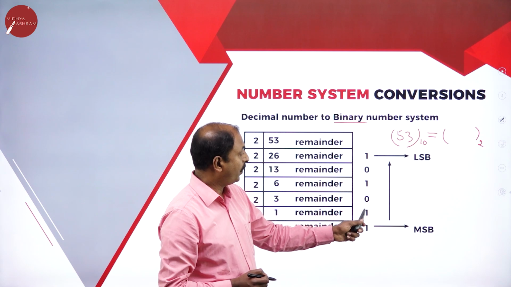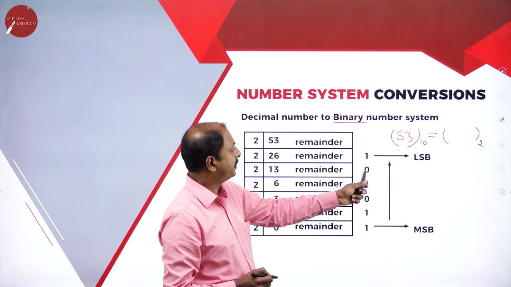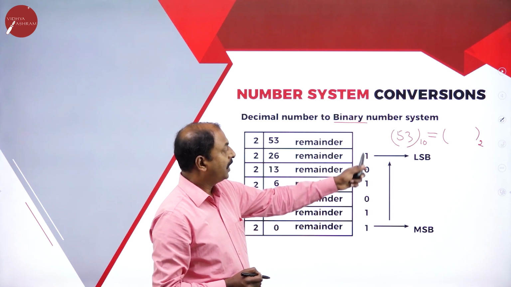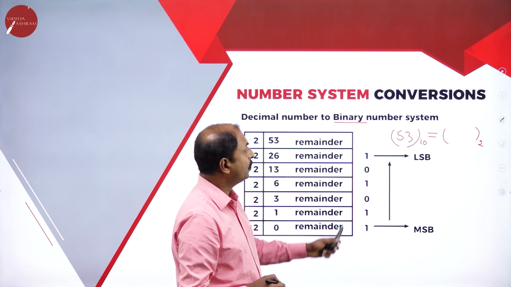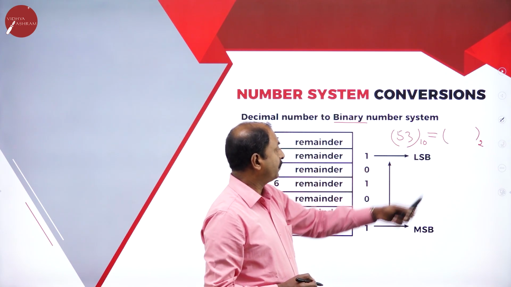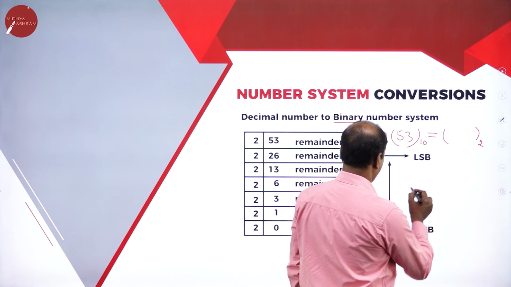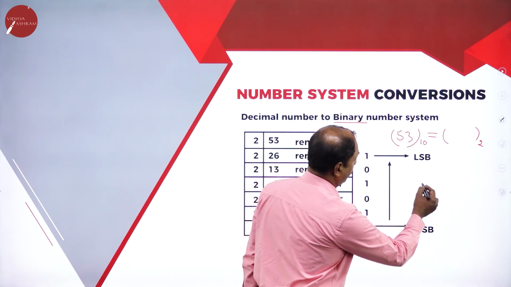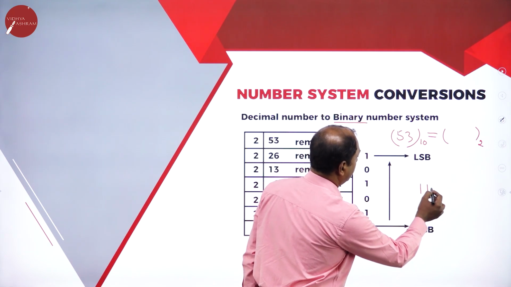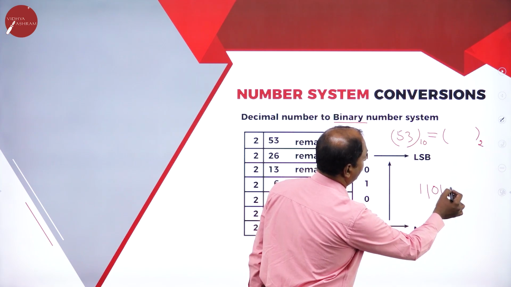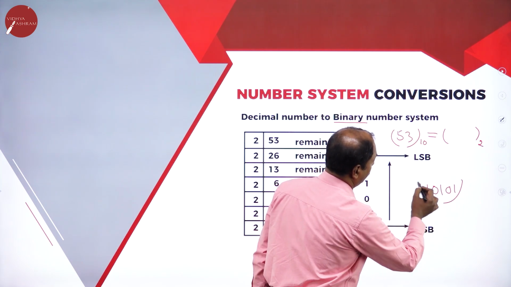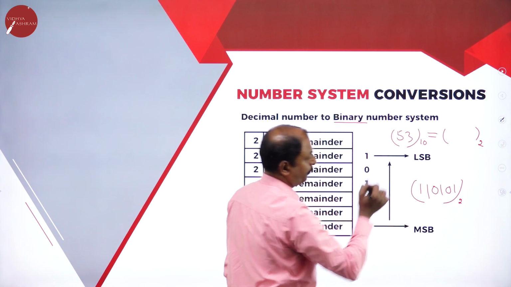So 1, 1, 0, 1, 0, 1. This is how we have to keep the answer. So what is the binary equivalent of this? Here the equivalent is 1, 1, 0, 1, 0, 1 to the base 2.